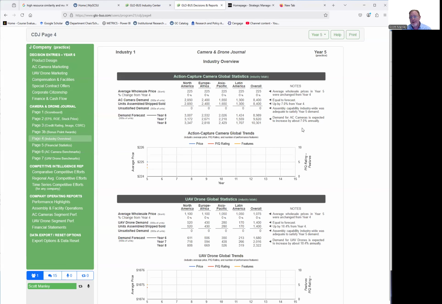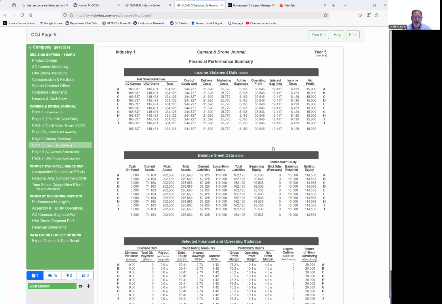And then drone statistics: you'll see the average selling price is $1,075. Drone demand was equal to forecast. It was up by 18.4% from year 4, and it's expected to increase in year 6 by about 18.4%. So pretty robust growth in that industry, right?